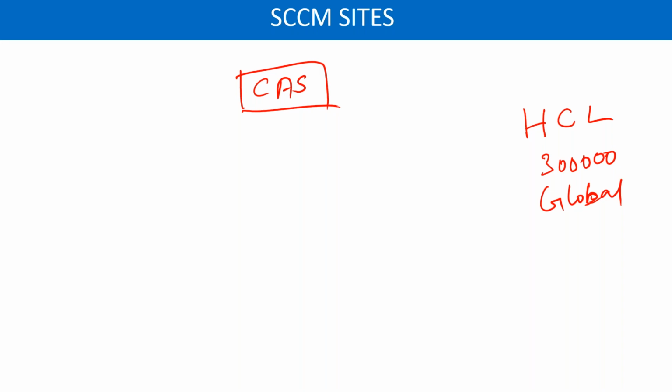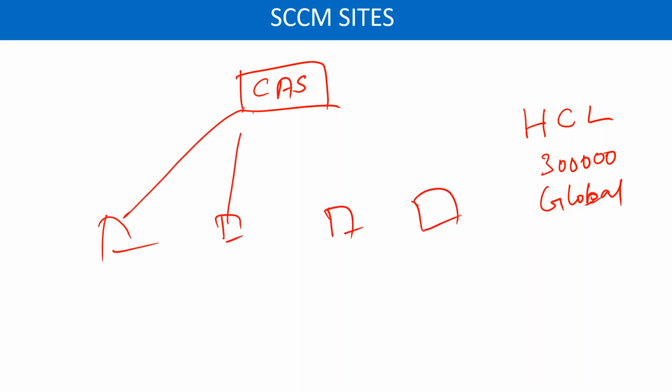So we try to keep it somewhere in the middle, nearby. Let's say we can put it in Singapore. Singapore is in between all the locations, which has good connectivity. That's the major point: good connectivity. Otherwise, there is no point keeping it.